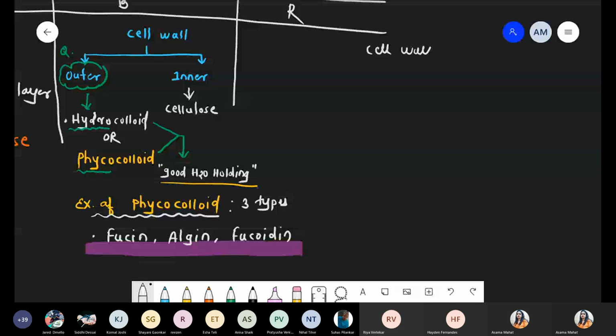Number one, the outer, and number two, the inner. Here also it will be the same. The inner layer is made up of cellulose. So there is no need to remember the inner layer, because in all algae the inner layer is made up of cellulose. Where things are common, no question will be made. The question comes from the outer layer, which is a hydrocolloid material, right?